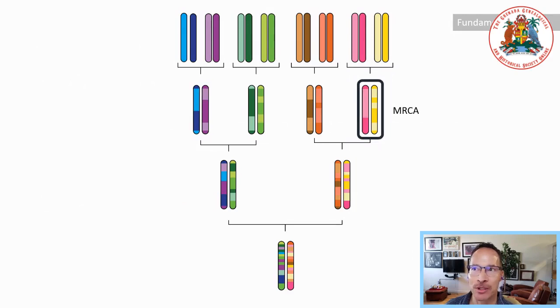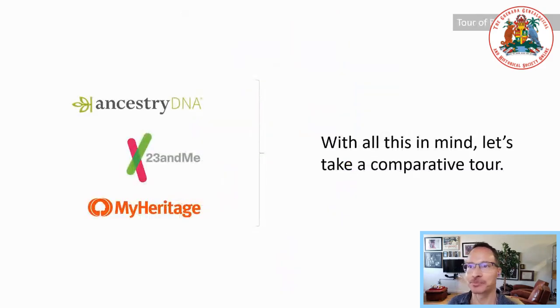That is the most recent person that could have given pink and yellow to the two people who matched. So this is conceptually what we're doing when we're building a tree. We don't think of it this way usually, but from a genetic perspective, we're identifying where your genes came from, who's the last person that could have given two different people the same genes. So hopefully that concept made sense, and we'll keep that in mind.